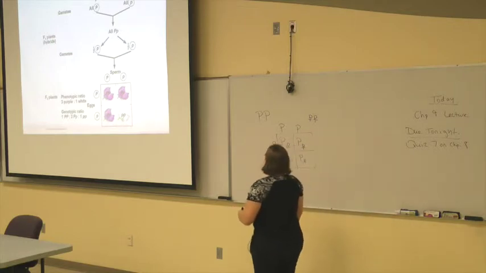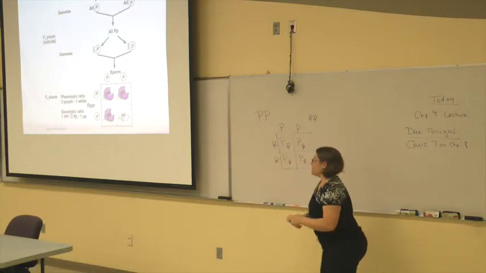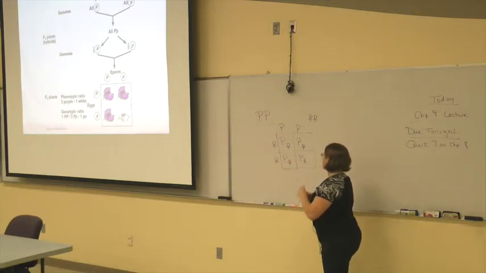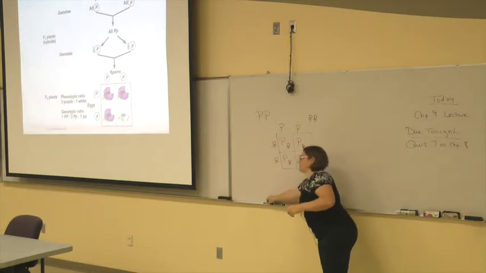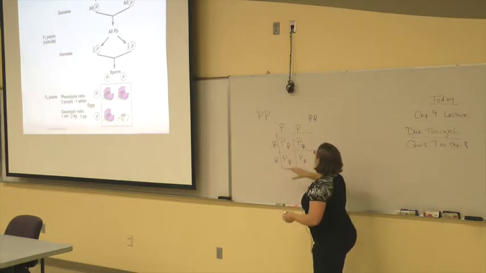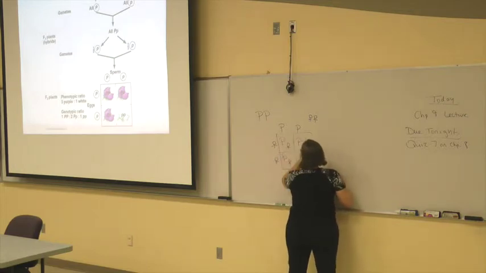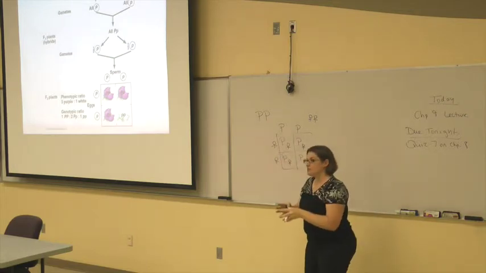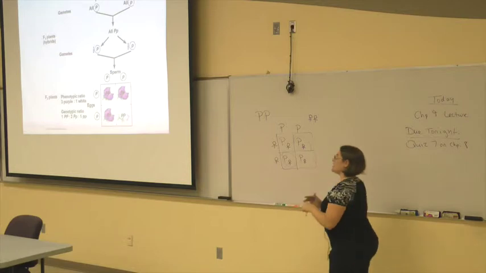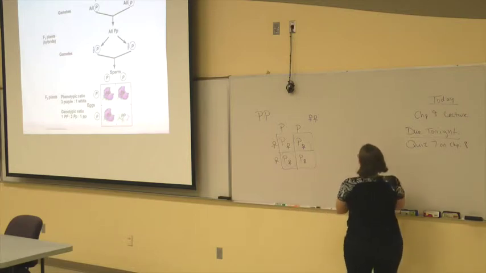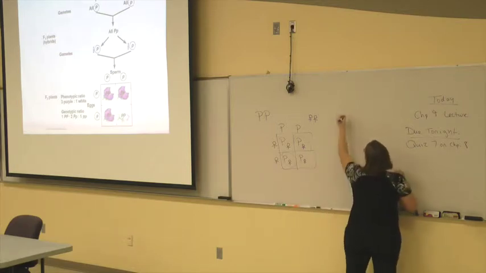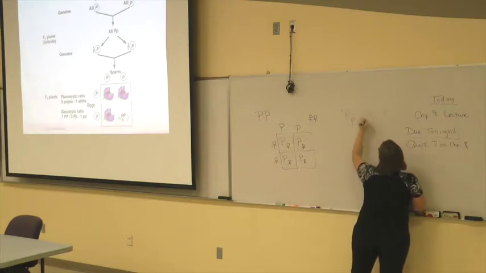Now, where it gets really interesting is when we look at the second generation, the F2 generation. This is the F1. Now we're going to take two individuals from the F1 generation and cross them together. That allows us to see some interesting stuff. So over here, we're going to cross a big P, little p with another big P, little p.